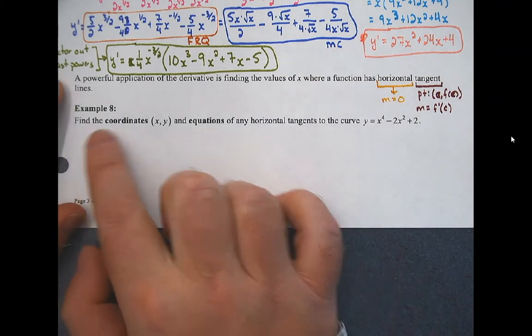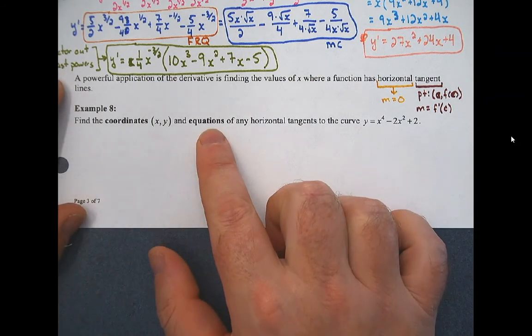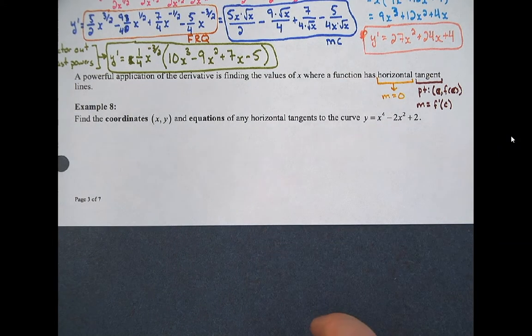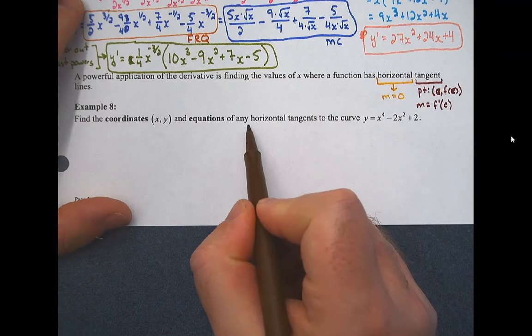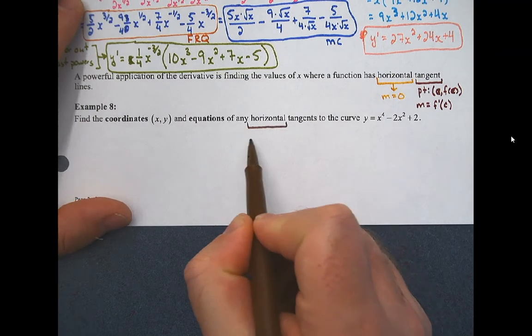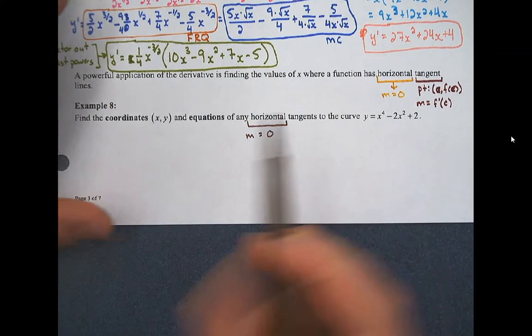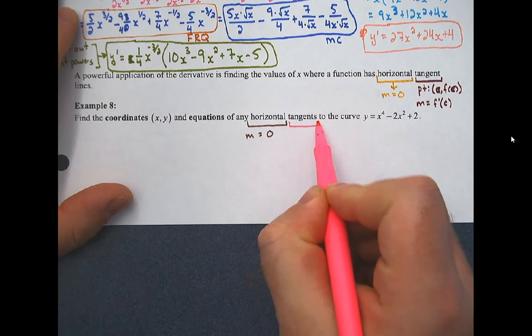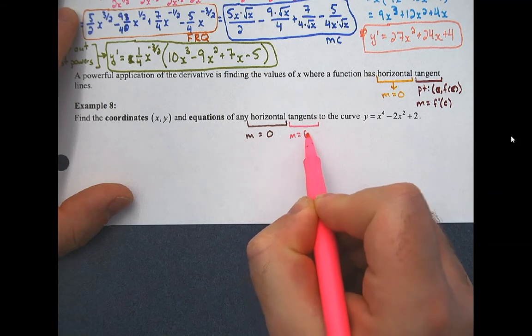So, if we're going to find the coordinates and equations of any horizontal tangents to the curve, what I need to figure out is where horizontal is, where m equals 0. Tangent is where m equals f prime of c.